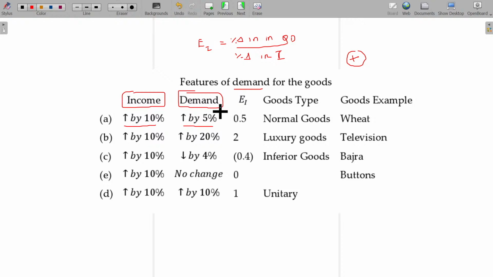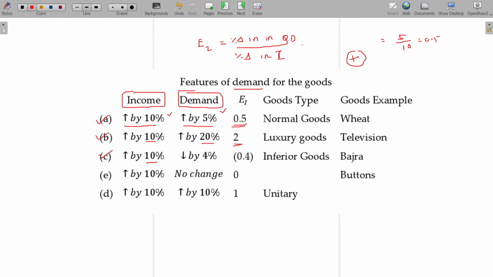Okay. Demand increases 5% and income increases 10%, then the elasticity of income, applying this formula, is 5% divided by 10%, the answer being 0.5. This is called elasticity of income. Second one being, income changes 10%, demand changes 20%, then EI, elasticity of income, is 2.